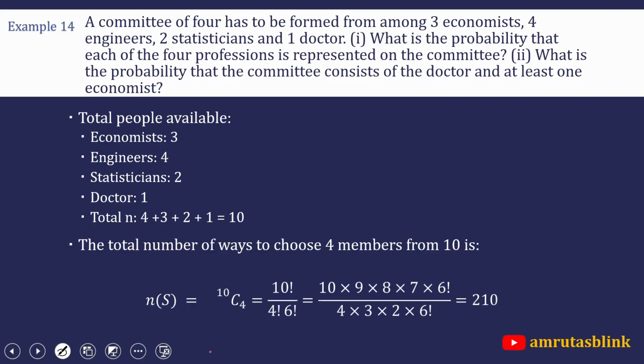Hence n of s is equal to 10 factorial upon 4 factorial into 6 factorial, that is 10 into 9 into 8 into 7 into 6 factorial upon 4 into 3 into 2 into 6 factorial. So this will get cancelled. This 4 2s are 8 and this 3 1s are 3 and this is 3. So 7 into 3, which is equal to 21. 21 into 10 is 210. So n of s is equal to 210.